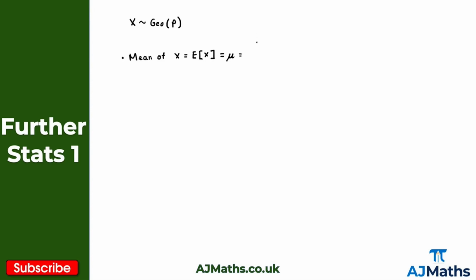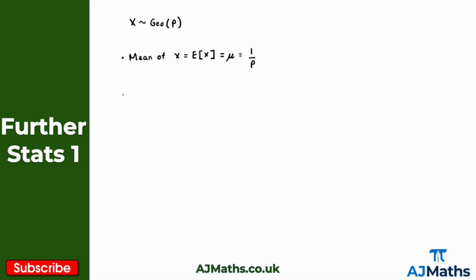And this is equal then to 1 divided by p, or 1 over p. So our parameter is p, and the mean is 1 divided by p.